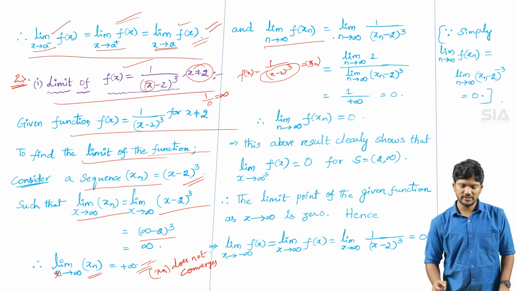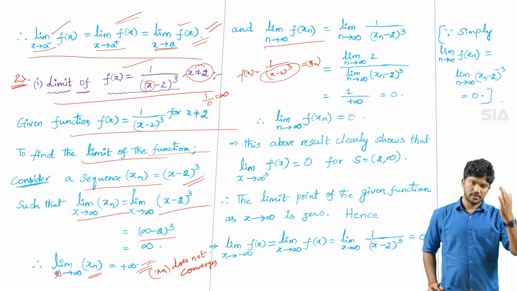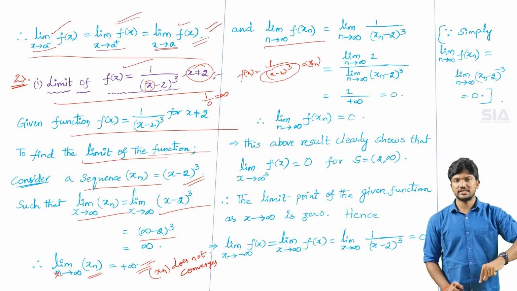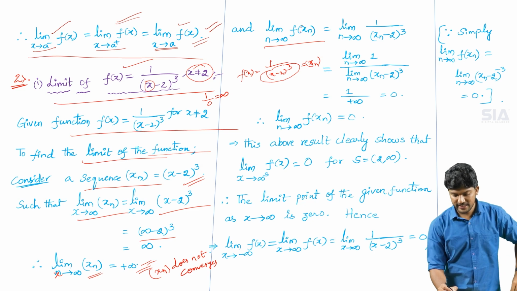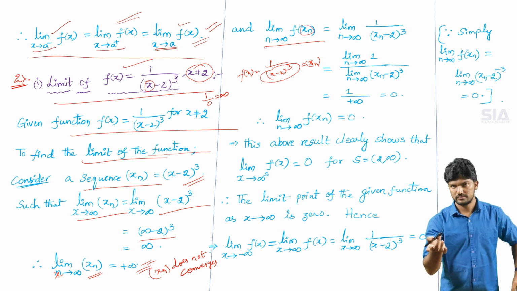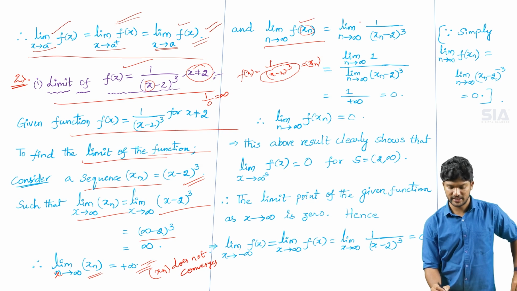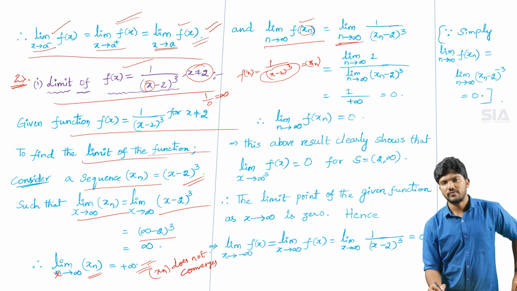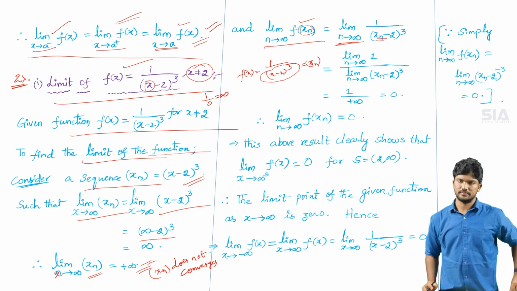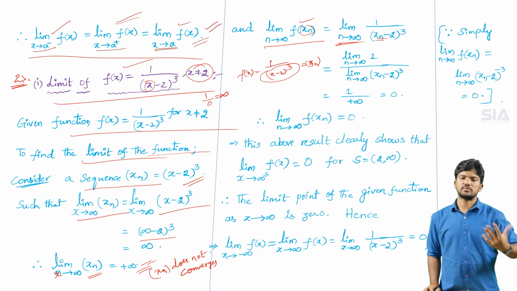And limit n tends to infinity f of x suffix n. The sequence gave infinity, now take that sequence and substitute it in the function. Okay, so therefore limit n tends to infinity f of x suffix n equal to limit n tends to infinity 1 by (x suffix n minus 2) whole cube. Wherever you have small x, substitute x suffix n.